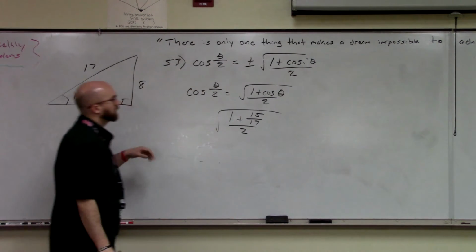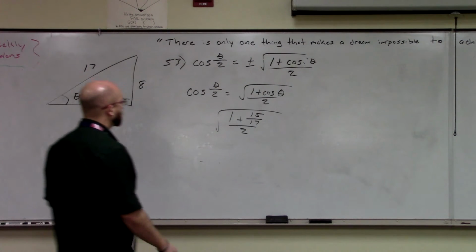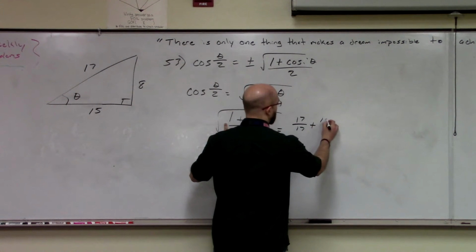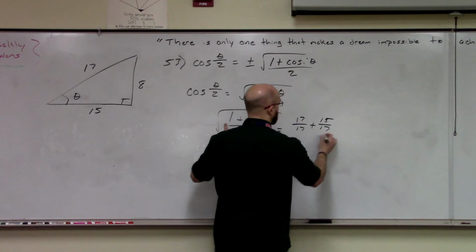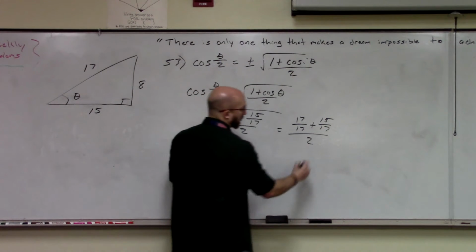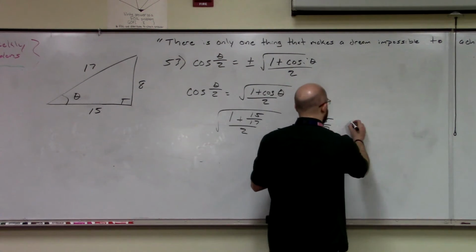We need to rewrite the inside because it's a complex fraction. So, we change this 1 to 17 over 17 plus 15 over 17, all divided by 2, and if I want, I can imagine that's being divided by 1.